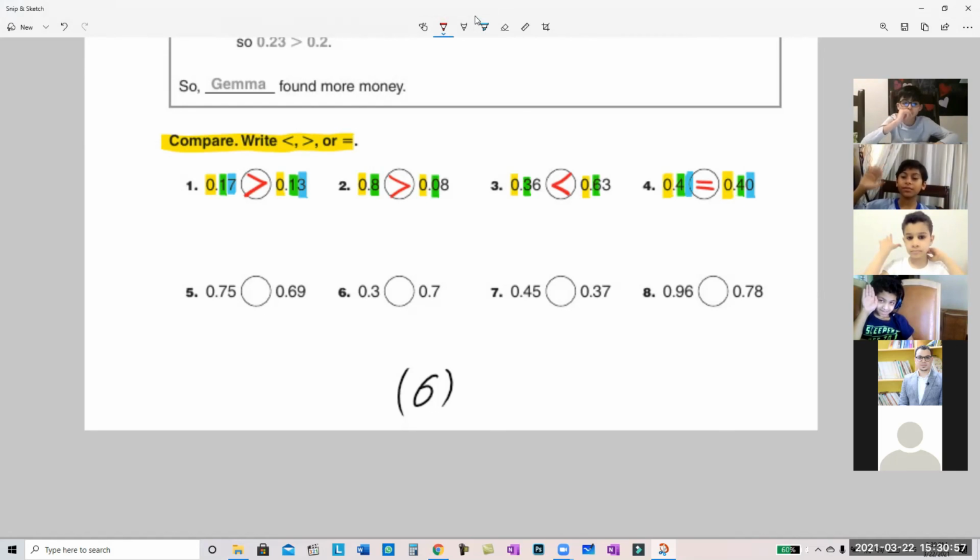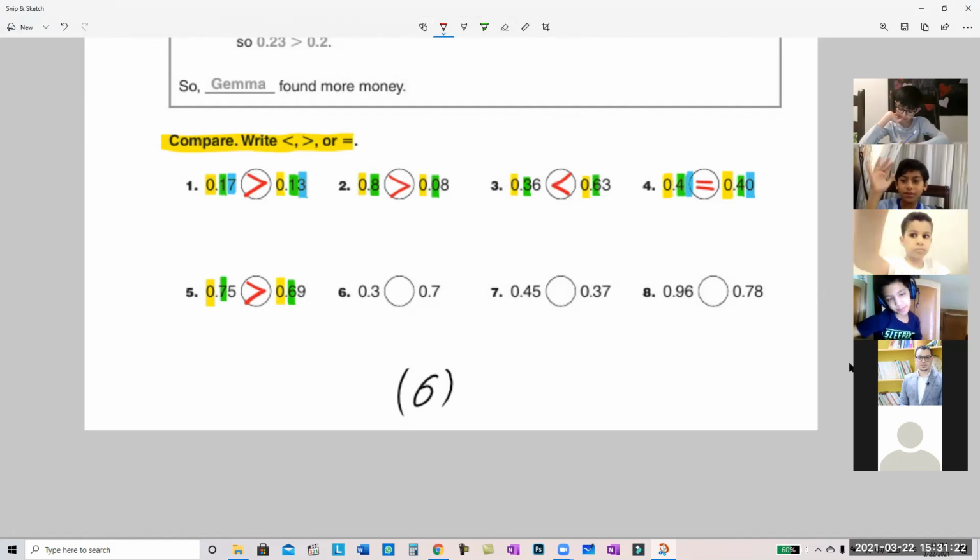Okay, thank you. What about Abdulaziz? So we have here 0 and we have here 0, Abdulaziz, right? They are equal, right? Okay, what about the next one? We have 7 and we have 6. So 7 is greater than 6.